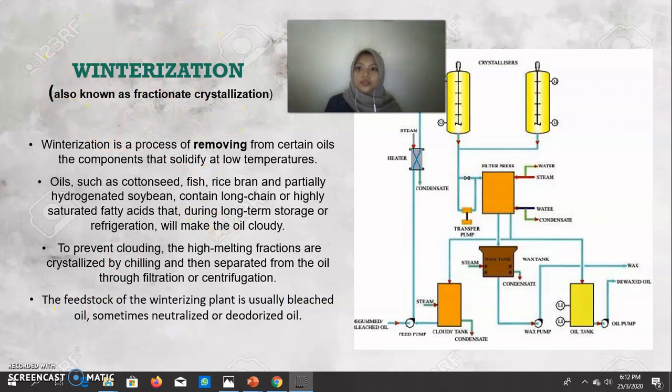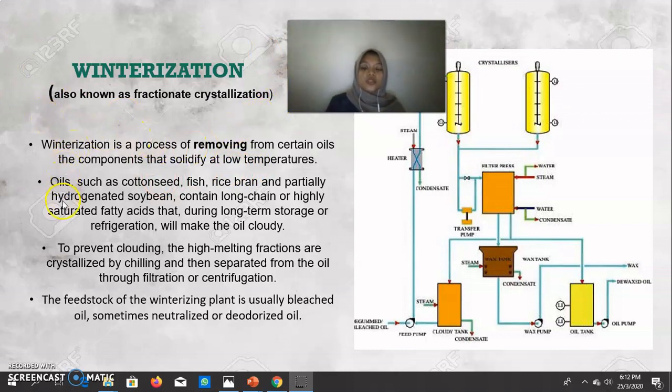The winterization process, also known as fractionated crystallization, is a process of removing from certain oils the components that solidify at a low temperature. Not all types of oils undergo this process.